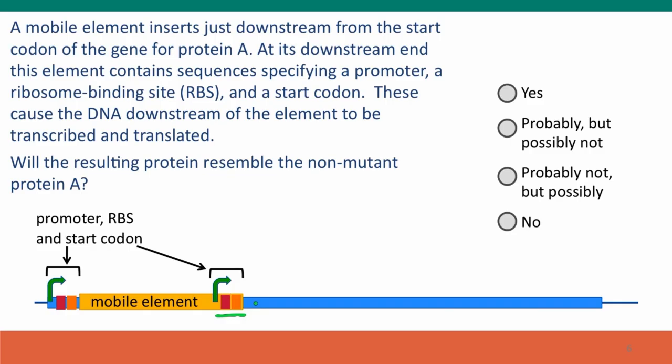And then that's followed by the rest of the blue gene, gene A. And what this question is asking you is, will the protein that's produced from this promoter, from this messenger RNA, will it resemble the normal protein A?